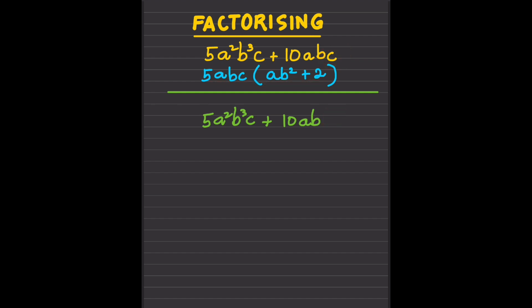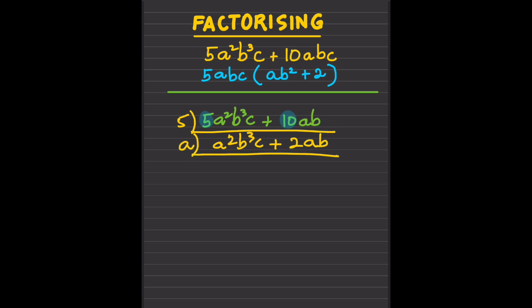Let's check. Okay? So again, we start with the coefficient. So common term would be 5. So this would be a squared b to the third c plus 2ab. Again, we know a common factor is a. So a squared divided by a is a.